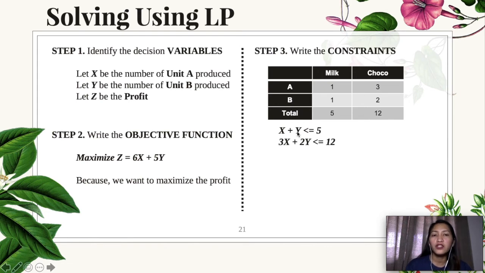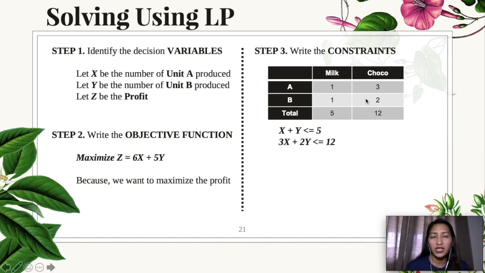Therefore, your first constraint is that when you add X plus Y, it need not to exceed 5. Kaya siya X plus Y kasi 1 unit ng milk at 1 unit ng choco, dapat siya ay less than or equal to 5 lamang.